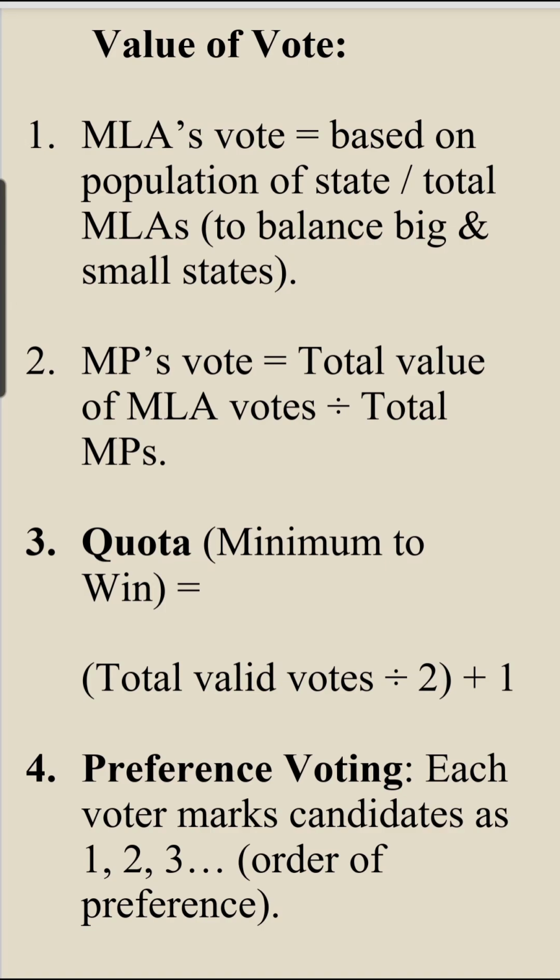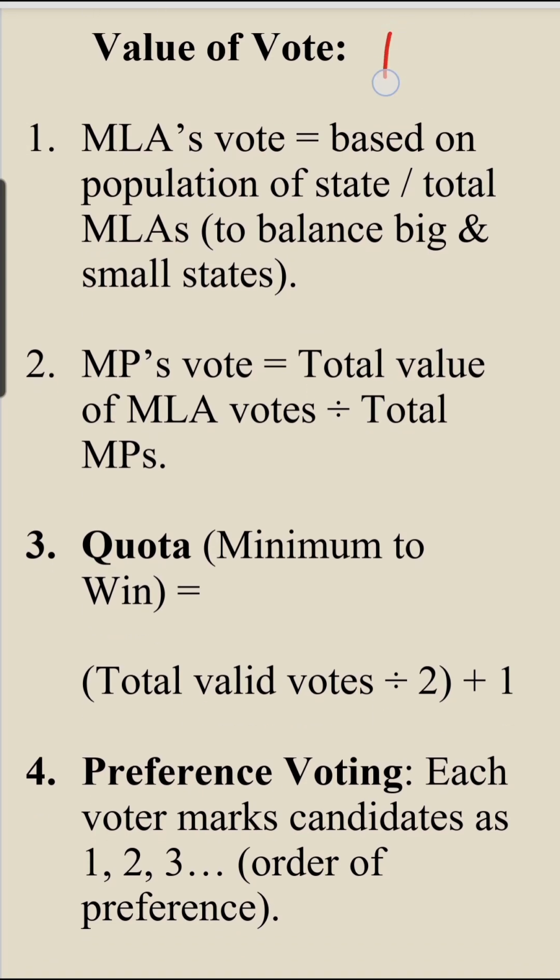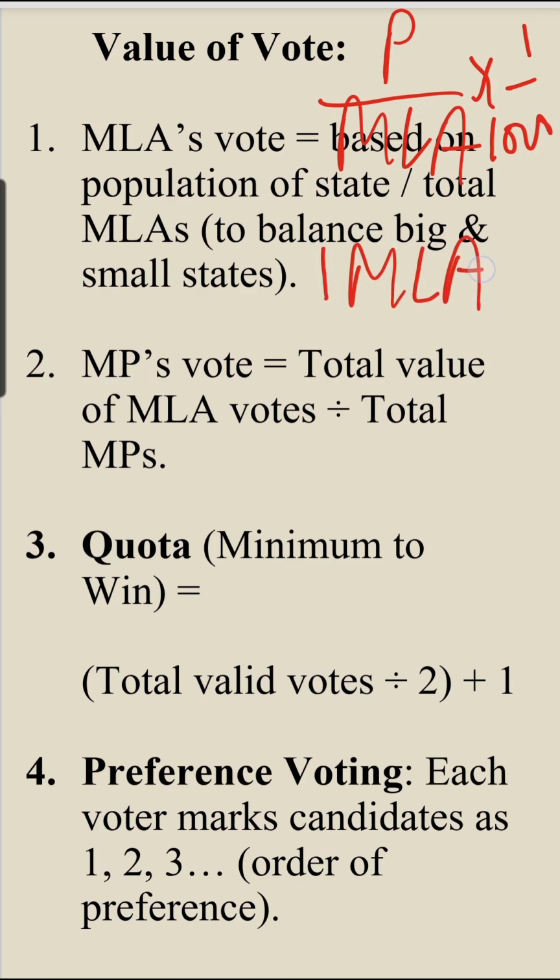To find out one MLA's vote, we will divide the population of the state by the total elected MLAs, and multiply it by 1/1000, and we will get the value of the vote of one MLA.